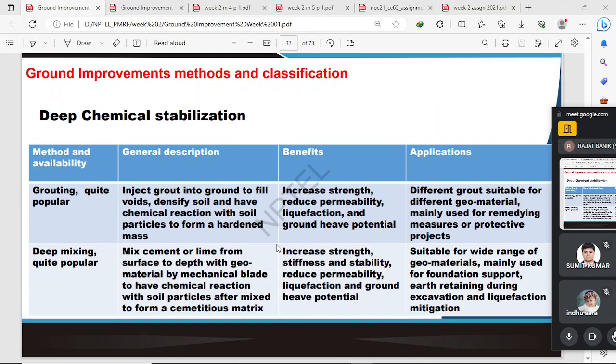For deep treatment we can use deep chemical stabilization techniques, which are nothing but grouting techniques and deep mixing techniques.